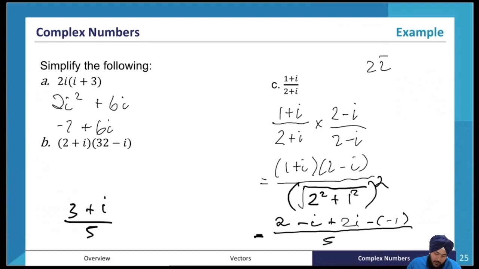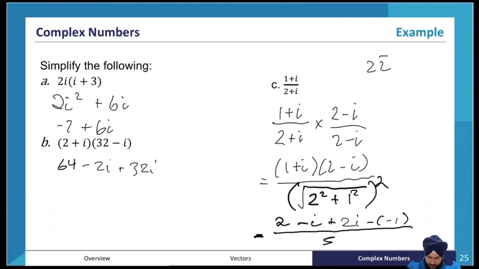Oh, sorry, I completely forgot there was one more, which is this one over here, using the double rainbows method that we just used. So 2 times 32 is 64, minus 2i, plus 32i, minus i squared. i squared is negative 1, so minus negative 1, which is just plus 1.